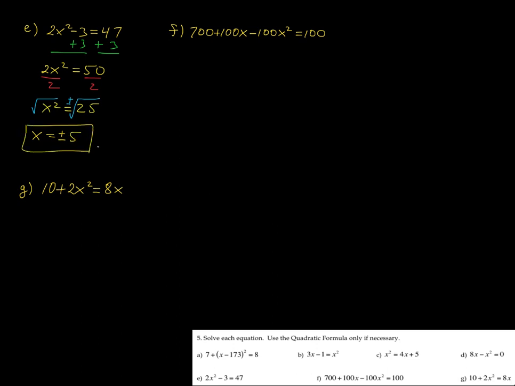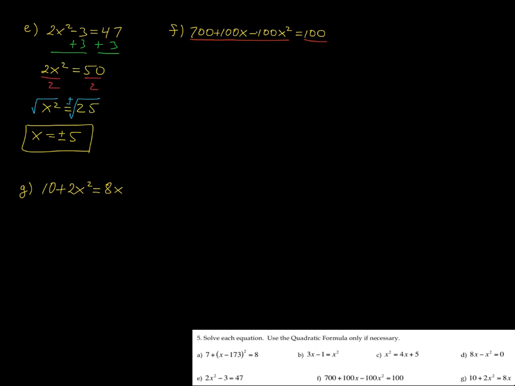All right, not bad. Now f, we have 700 plus 100x minus 100x squared is equal to 100. All right, well, everything has a factor of 100 in it, right? You have this 700, 100, 100. So I'm going to start by dividing both sides of the equation by, in this case, minus 100.